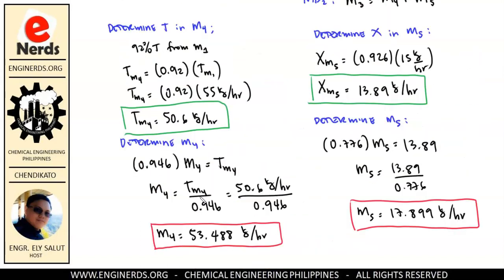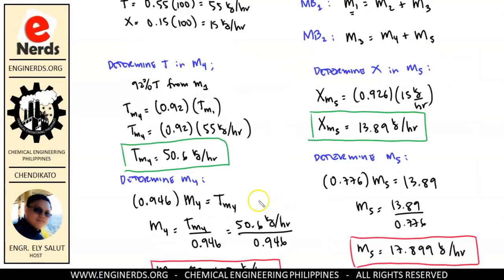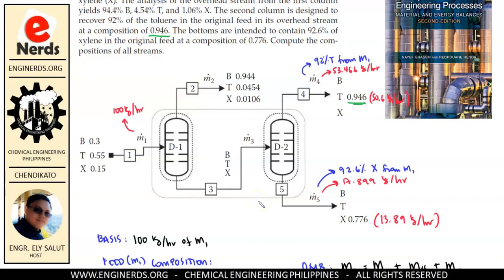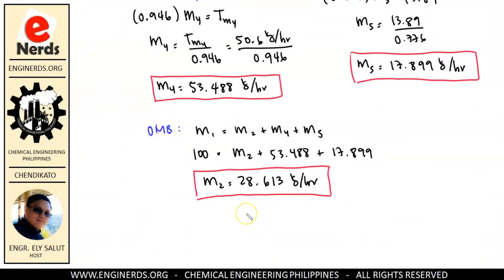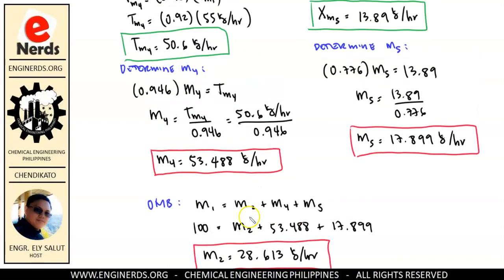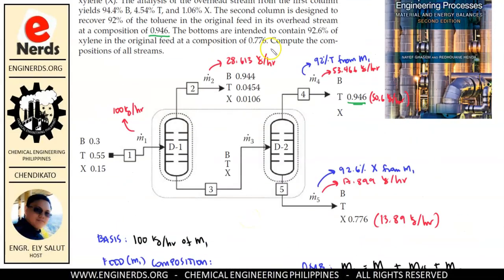So we can write that here, 28.613. So our M2 is 28.613 kilogram per hour. Okay? So the next thing to do is to identify our M3, because alam na natin lahat ng value ng ating streams. Ang hindi na lang natin alam is yung M3.